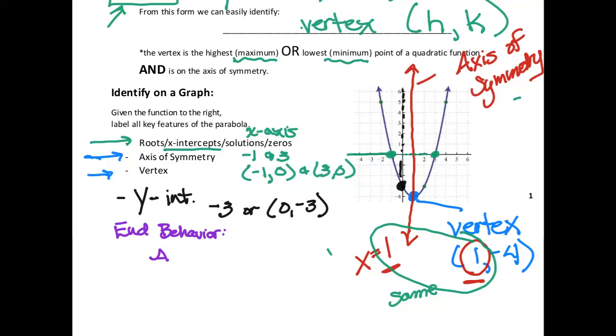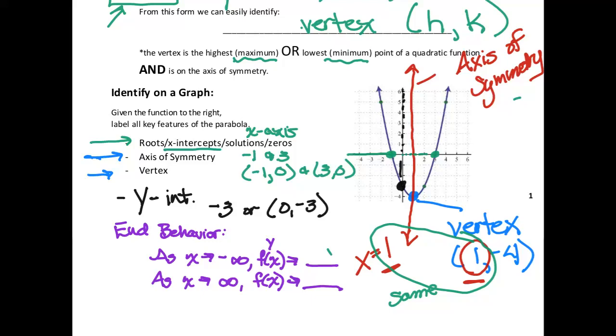So as x is approaching negative infinity, comma, f of x, the function, or y, is approaching some value. And likewise, as x is approaching positive infinity, f of x is approaching some value.